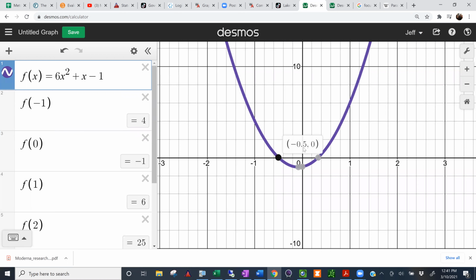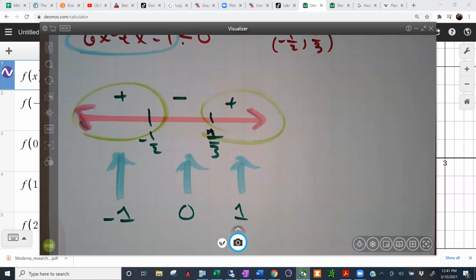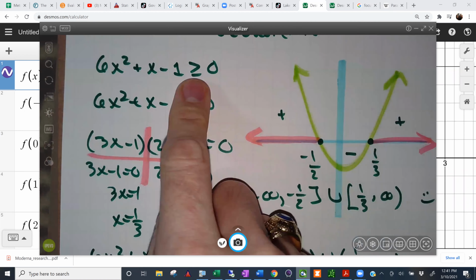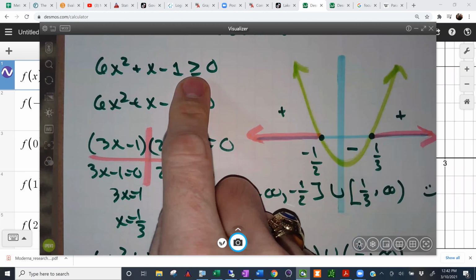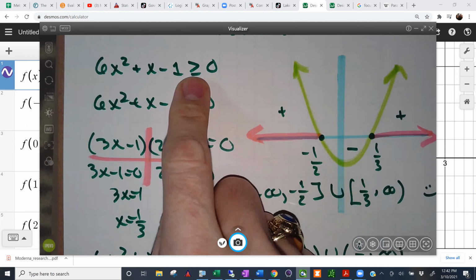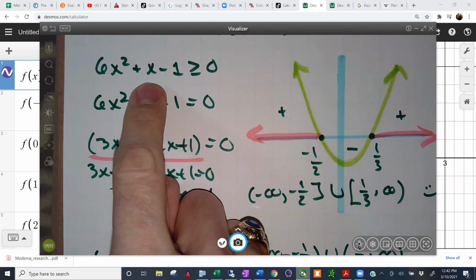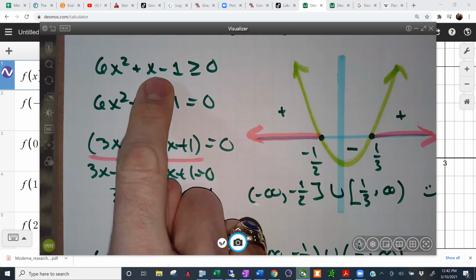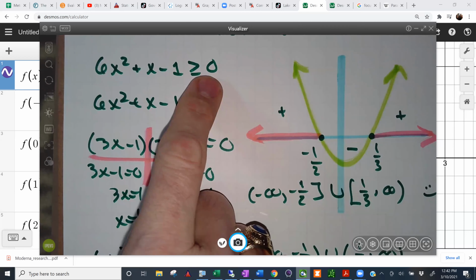So the big question is, can I use the endpoint? Well, the way the problem was set up, you can, because the function at -1/2 gave me 0. Is 0 greater than or equal to 0? Is that true?